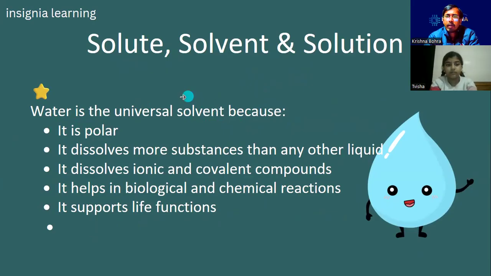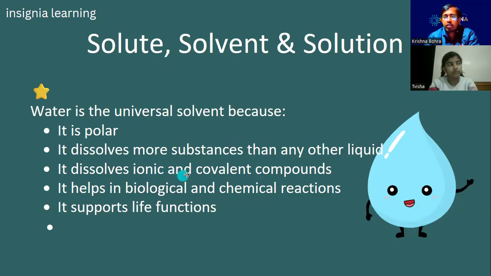Now, if we summarize, water is the natural universal solvent because it is polar; it dissolves more substances than any other liquid because of its covalency and polar covalency nature. It dissolves ionic and covalent compounds, as we have understood. It can dissolve ionic compounds, as in the case of NaCl, which is formed by ionic attraction.